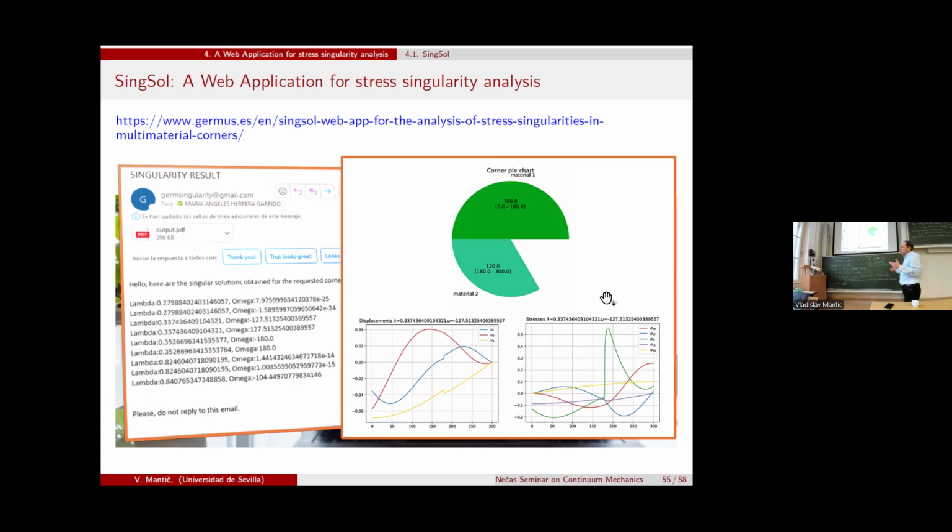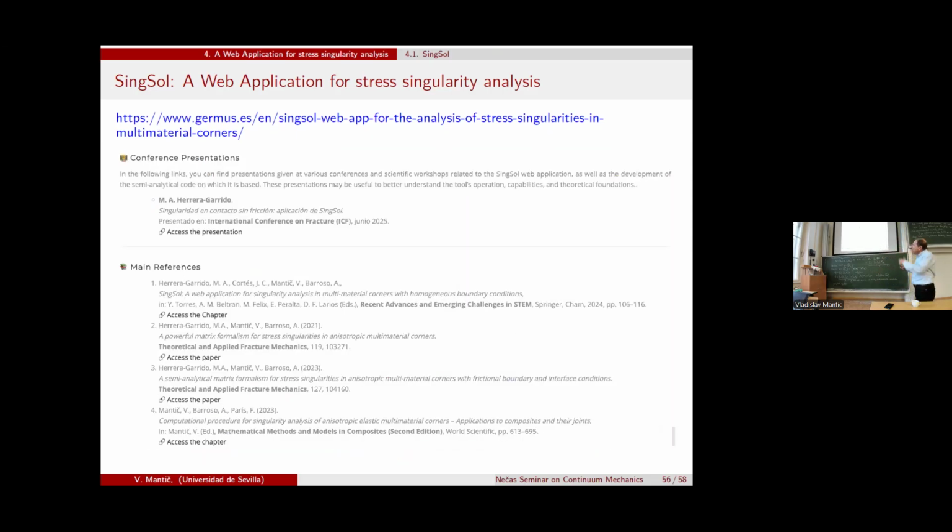If you include frictional contacts, you also get the angles for the frictional shear stress, and also the variation of displacement and stresses in the neighborhood of the corner tip. You can find there also some presentation of this code and the main references.